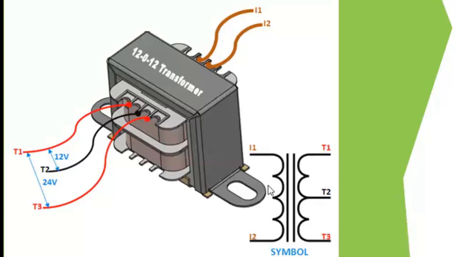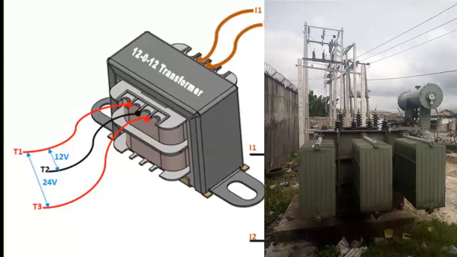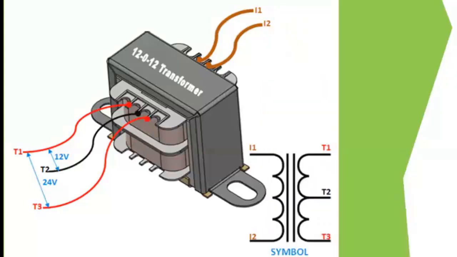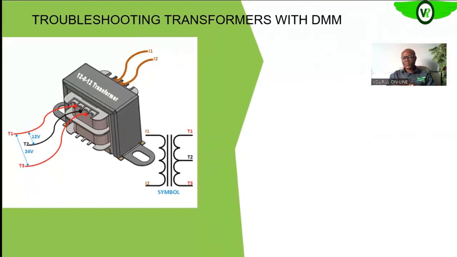So transformers, irrespective of the size, whether you are talking of a transformer of 1 MVA, 20 MVA, 100 MVA, or a transformer of 10 watts, 3 kilowatts, the working principles are the same thing, okay?